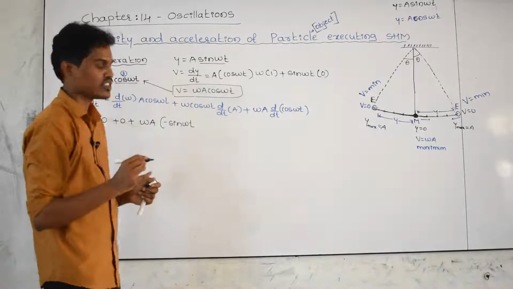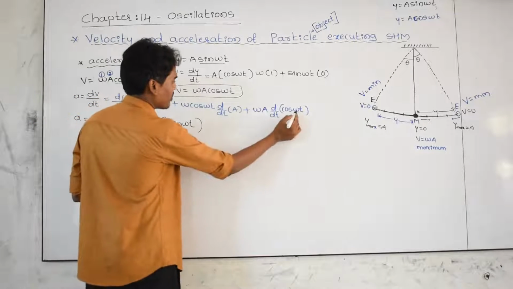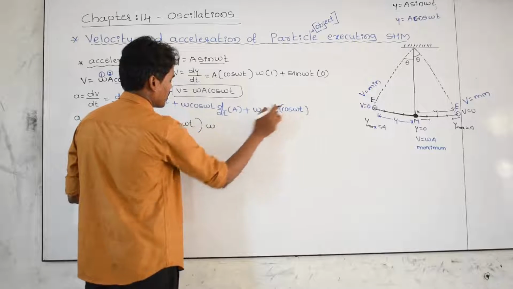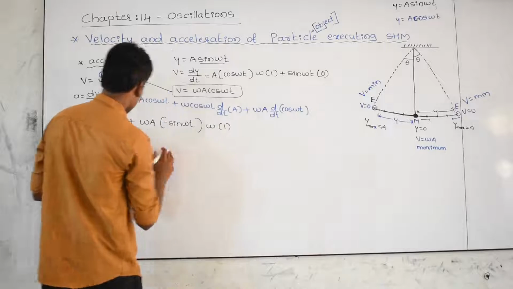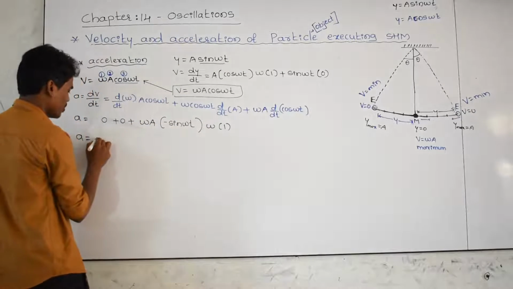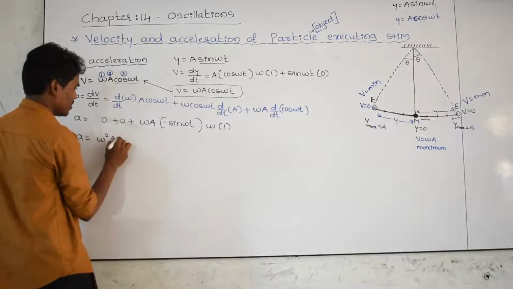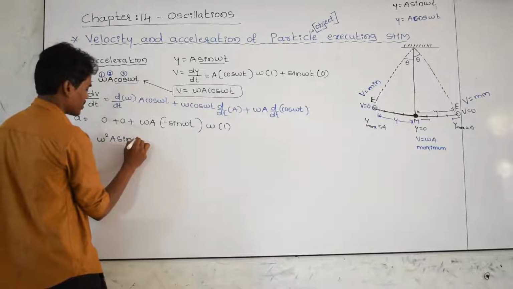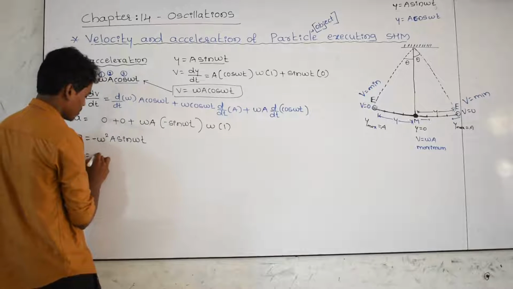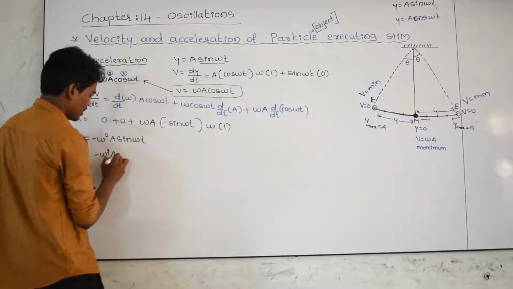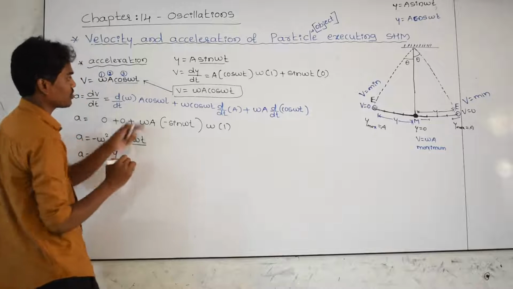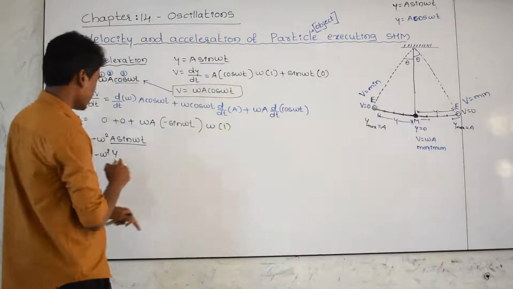The differentiation of omega t is omega, and the differentiation of t is 1. So I am getting omega into omega, omega square, a as it is, sin omega t as it is, and this minus sign I am writing here. Acceleration is equal to minus omega square a sin omega t, which can be written as y, because y equals a sin omega t.